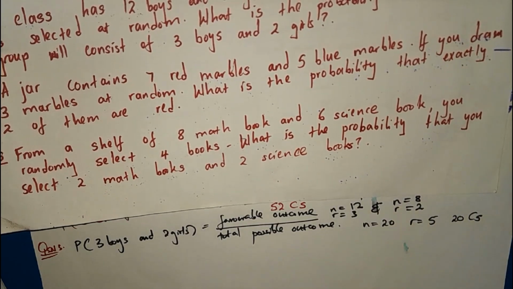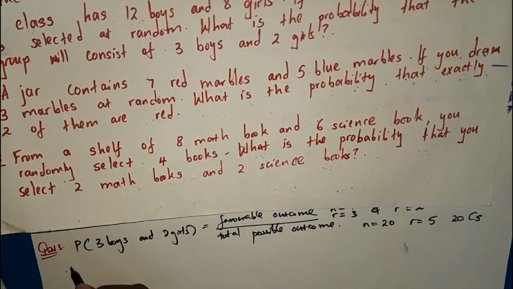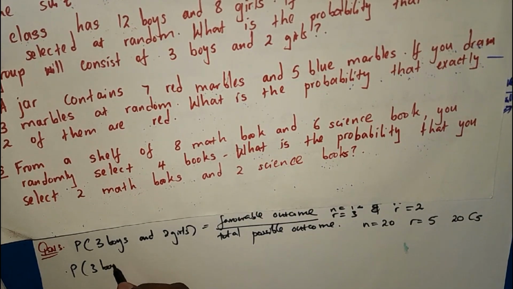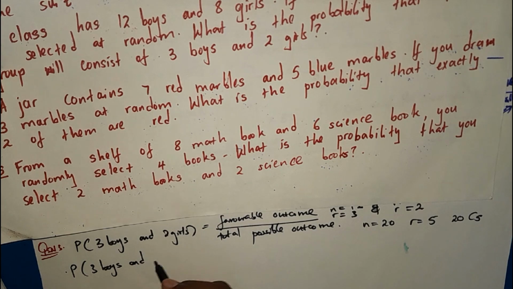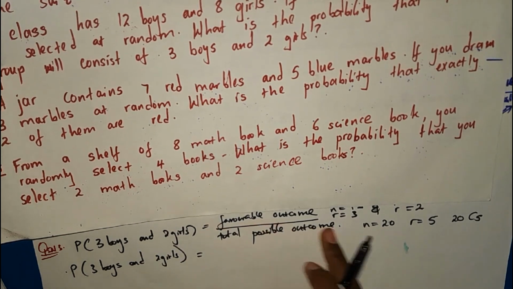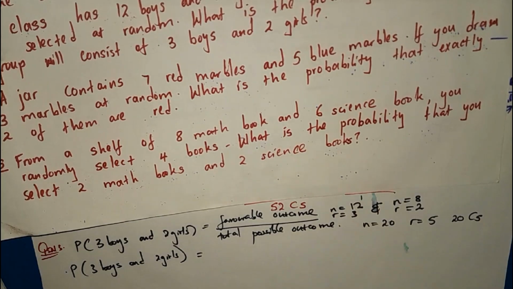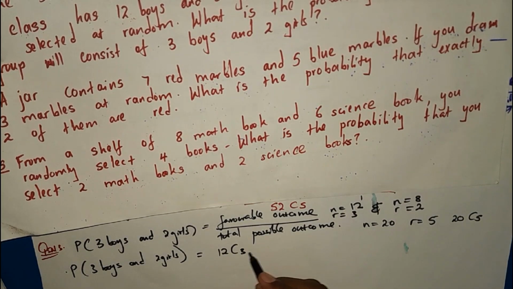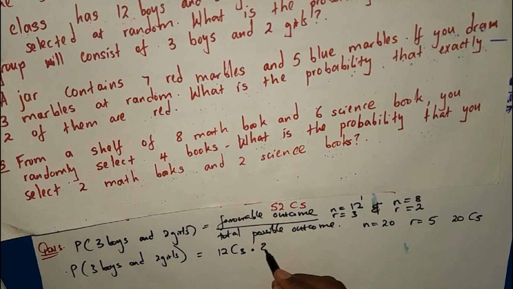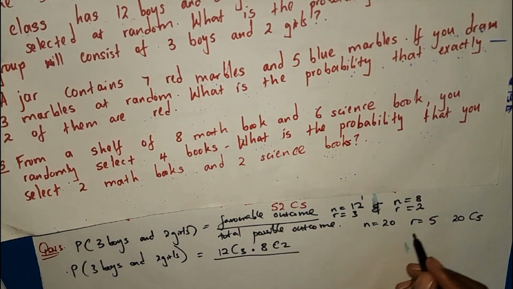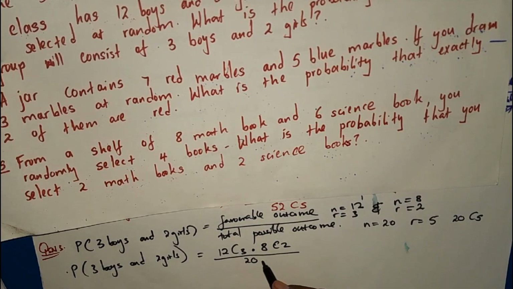Therefore, the probability of 3 boys and 2 girls is equal to, for the favorable outcome, a multiplication: 12 choose 3 multiplied by 8 choose 2, over 20 choose 5.